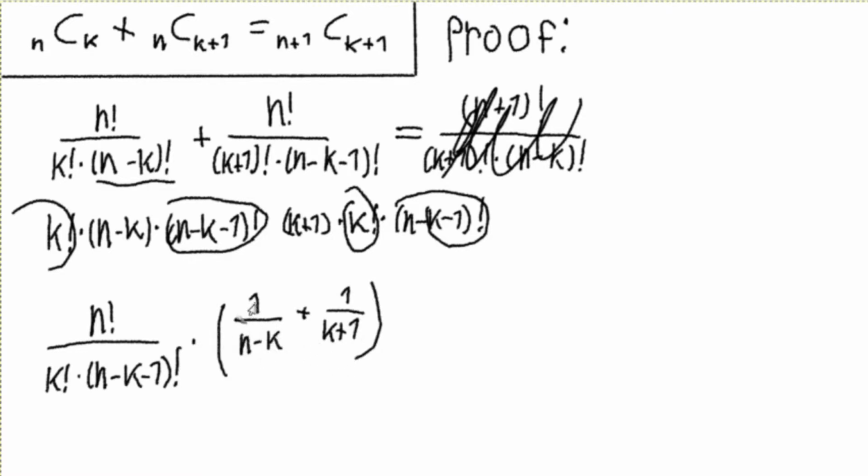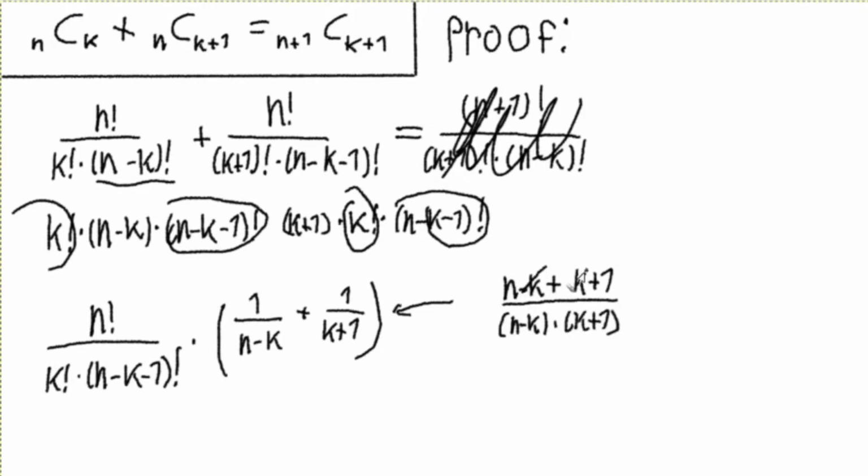Now, I can multiply the numerator and denominator by k plus 1 on this term, and on this term multiply the numerator and denominator by n minus k, and this gives me a shared denominator, so I can get this factor here to be n minus k plus k plus 1 over n minus k times k plus 1.